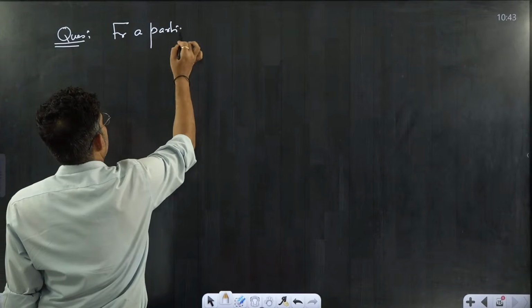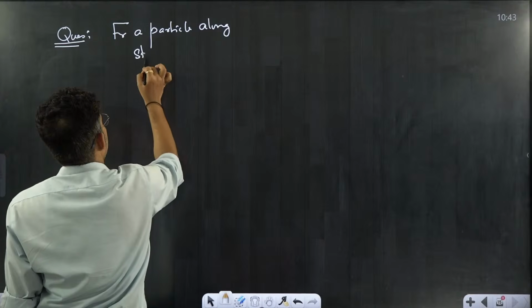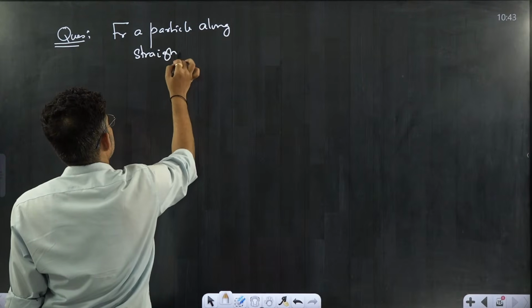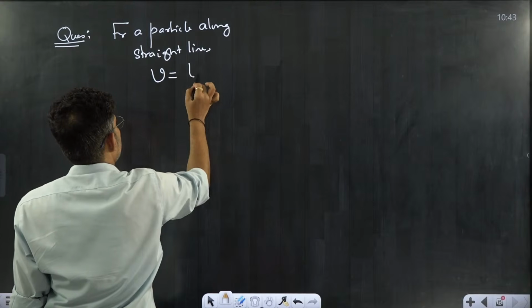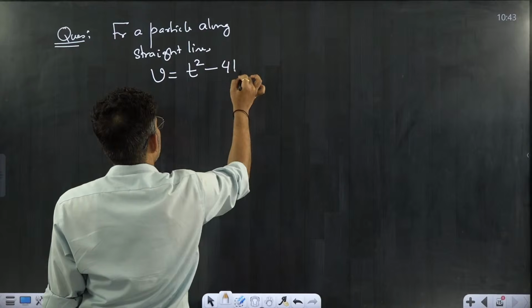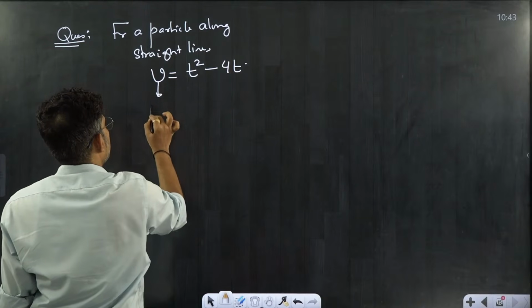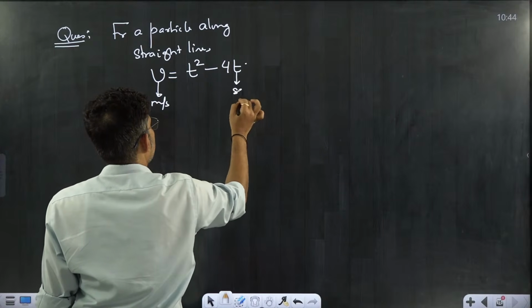For a particle along a straight line, velocity is t square minus 4t. Velocity is given in meter per second, t is given in seconds.